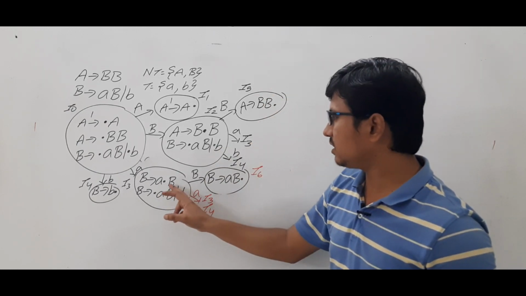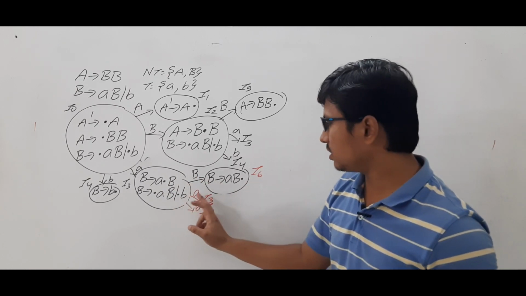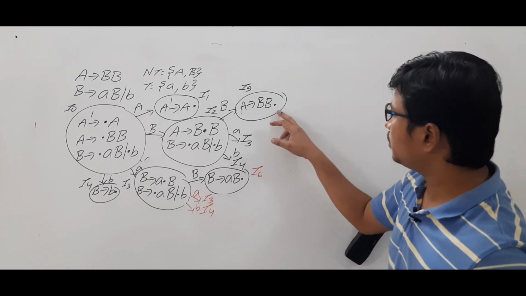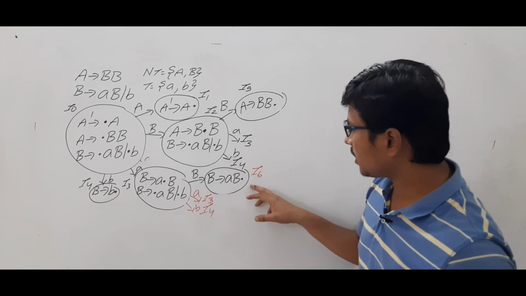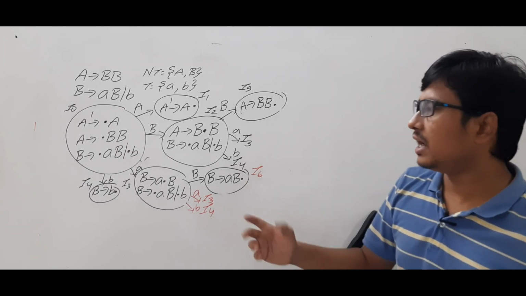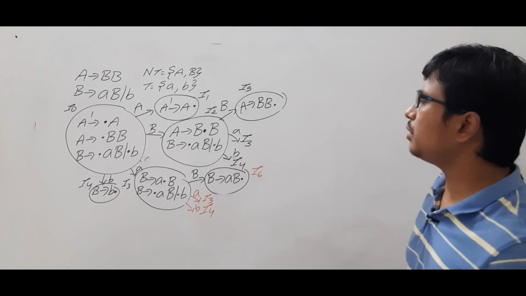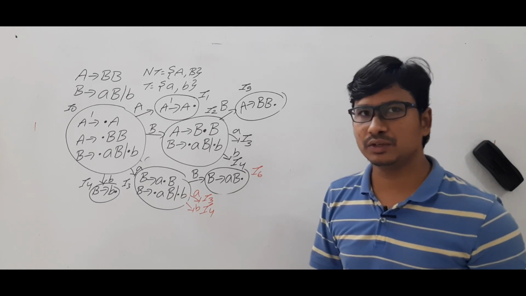Now take I3: on B I got I6, on A I got I3 only, on B I got I4. Now I5, it is a reduced move, I need not compute. Come to I6, it is a reduced move, I need not compute the go to further. Is it clear? Now we have completed constructing the LR0 items.